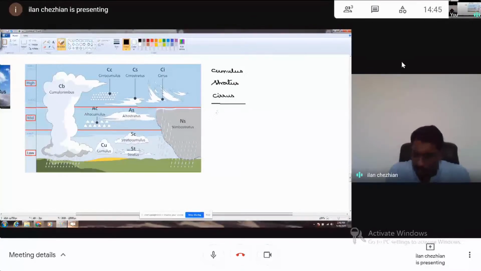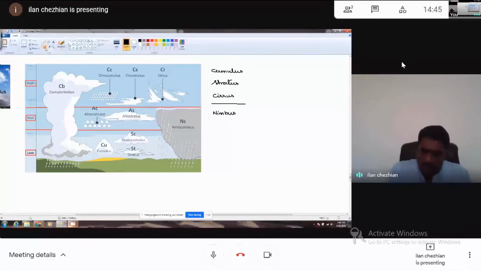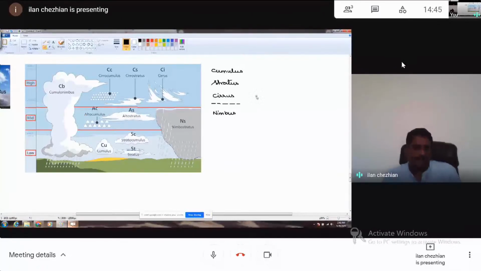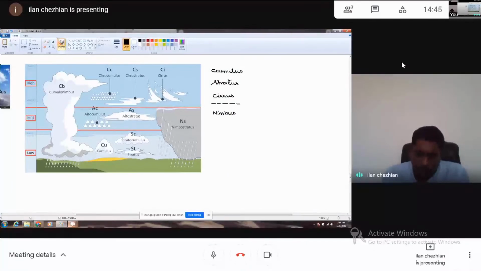What do you call it? Nimbus clouds. Okay. So all these clouds, their combination makes 10 different types of cloud. Even if you want to remember this combination, actually this combination is very easy. I'll tell you how. See how you can remember it.